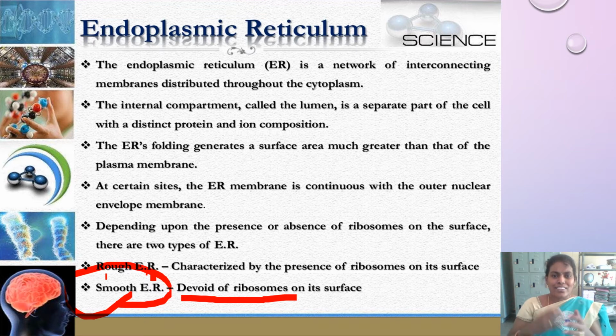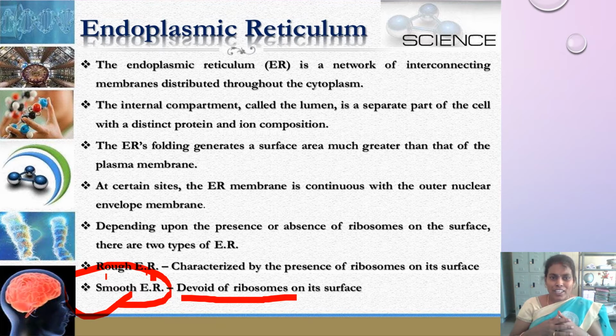At certain sites, whether rough or smooth, the endoplasmic reticulum is connected with the nuclear membrane of the nucleus. The foldings of the endoplasmic reticulum generate a surface area much greater than that of the plasma membrane.